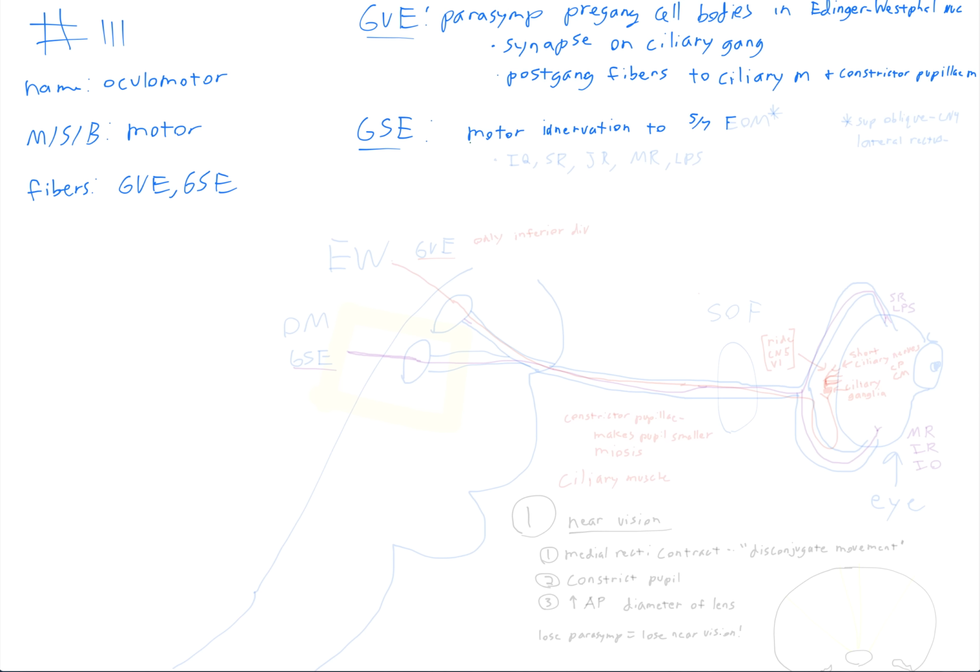Yes? Did you say it was trigeminal, the superior oblique? No, 4. Okay. Yeah, 4, not 5. So trochlear. If I said trigeminal, I misspoke. It's trochlear.